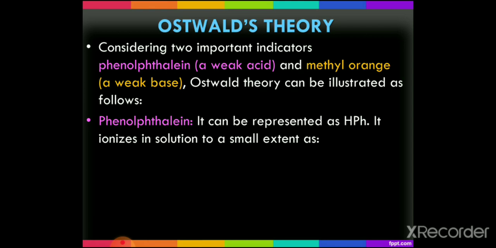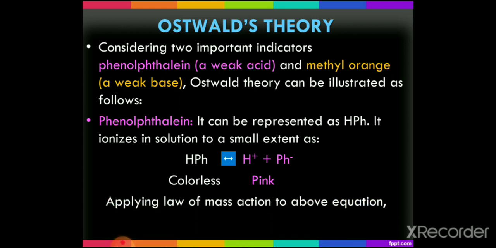It ionizes in solution to a small extent: HPh gives H+ and Ph-. Initially phenolphthalein is a colorless solution, which turns to a faint pink color after ionization. That means Ostwald's statement is true.